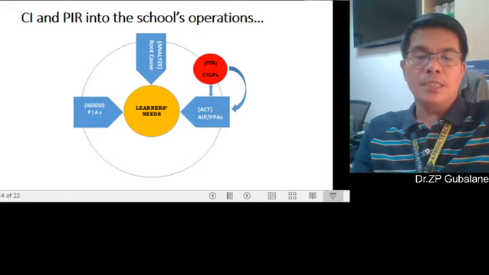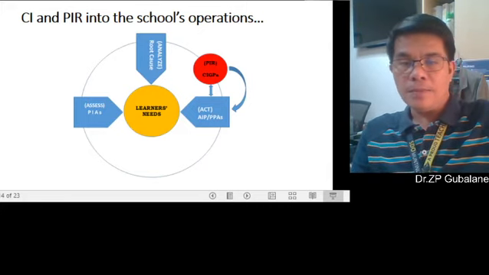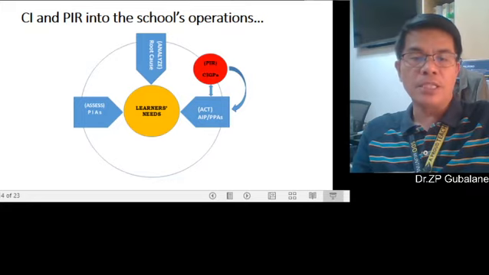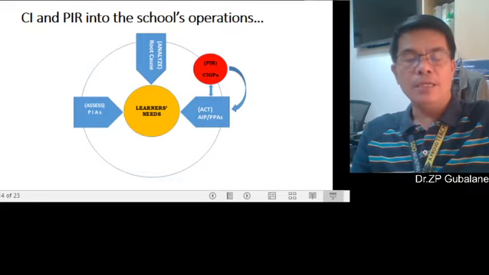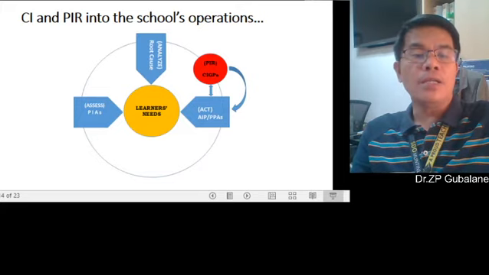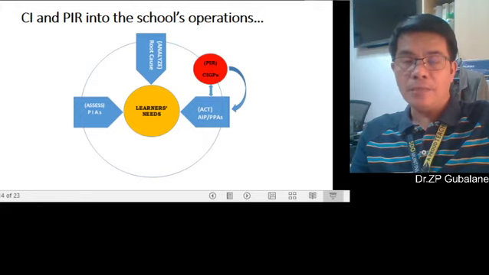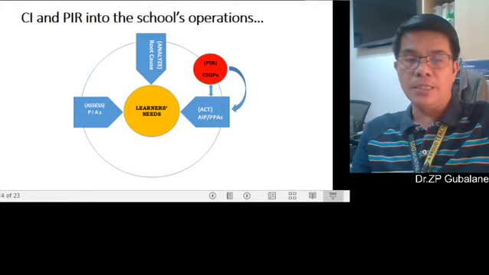Now, as you can see at the very middle of the illustration, the yellow circle, it is written there, learners' needs. Of course, the school operates because of this. This is the real reason why we are here in the Department of Education.